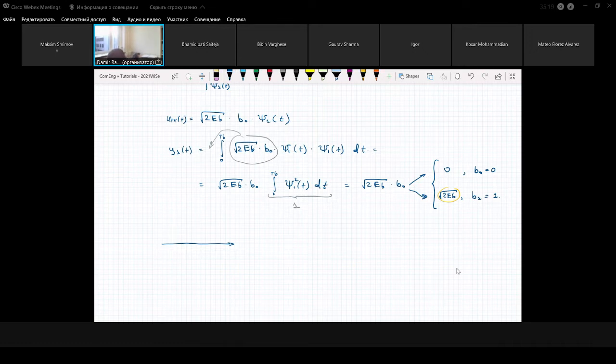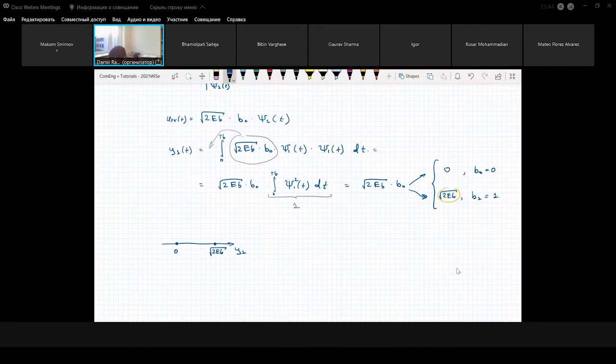Actually, we have only one axis, not two. We have axis y1, without t. And we have two possible values. We have 0 and we have 2EB under square root. This is another possible value that we receive.